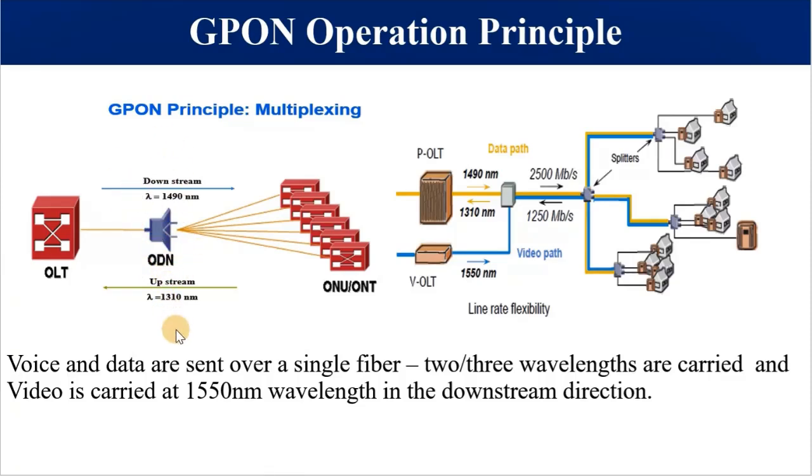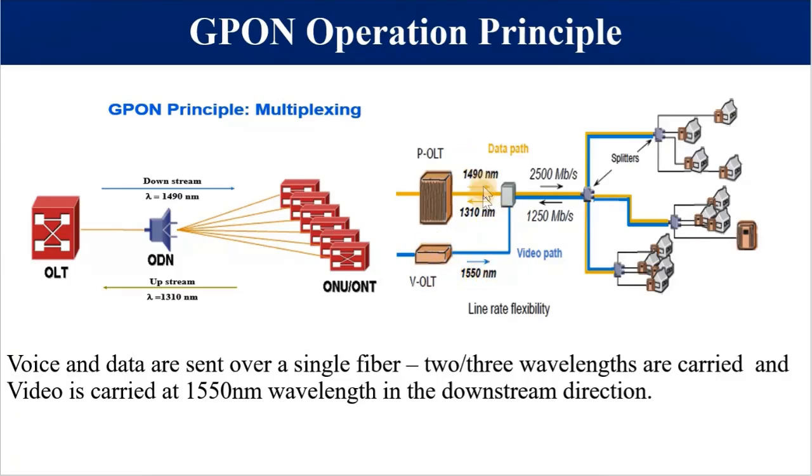So voice and data are sent over a single fiber, and 2 or 3 wavelengths are used. In this diagram we are using 1310 in the upstream direction at this speed, and 1490 in the downstream direction at this speed. So this is symmetrical, and this is video from the OLT. We are transmitting video at 1510 nanometers.